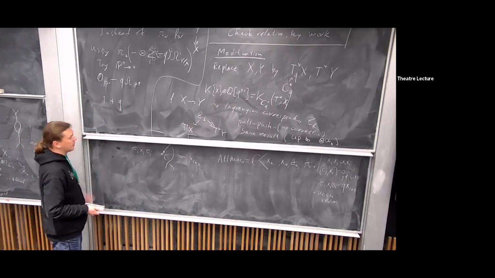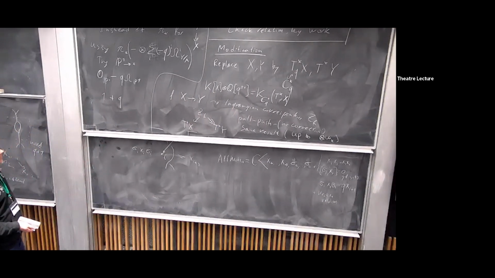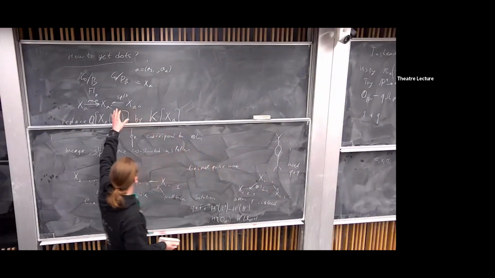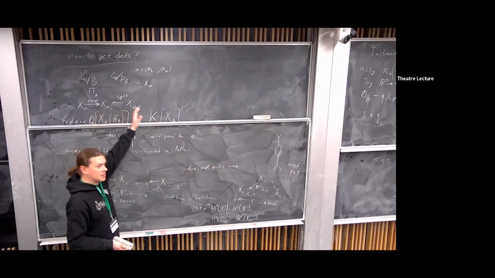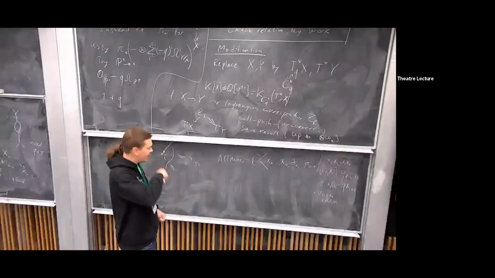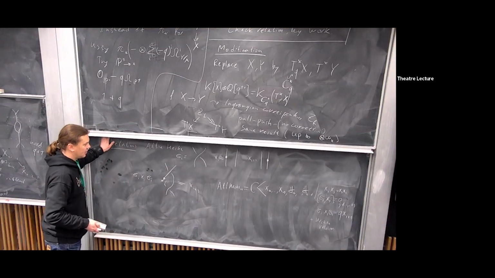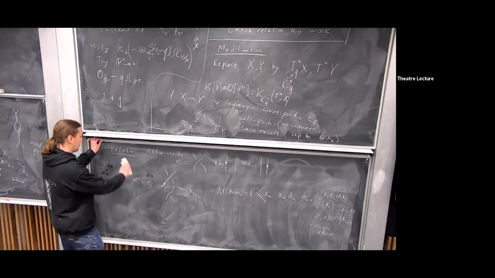From this perspective, we should expect that we can replace our G mod P with the corresponding cotangent bundles and do the same as before and get again an action.